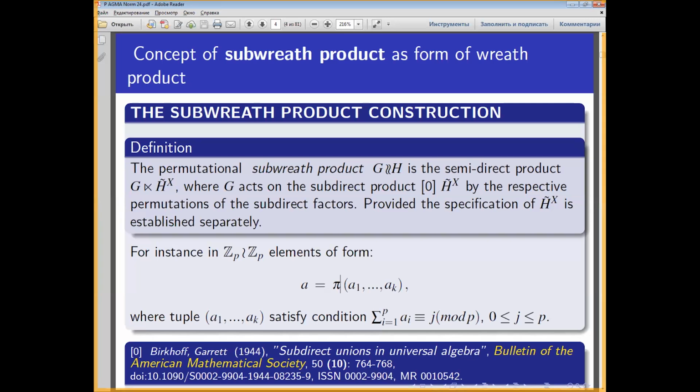This condition can be, for example, such: the sum of residues from the base is congruent to g, which is a residue modulo p. And this group will be normal too, but normal in the wreath product of the additive group modulo p, not in S_n, of course. But by changing g, we get another subgroup. It's such a generalization of the diagonal group. The diagonal group is normal too.